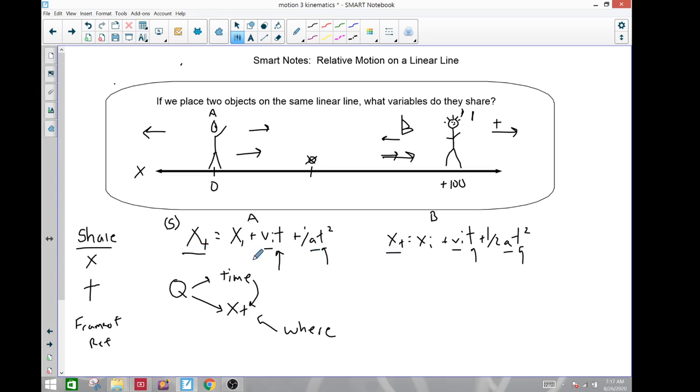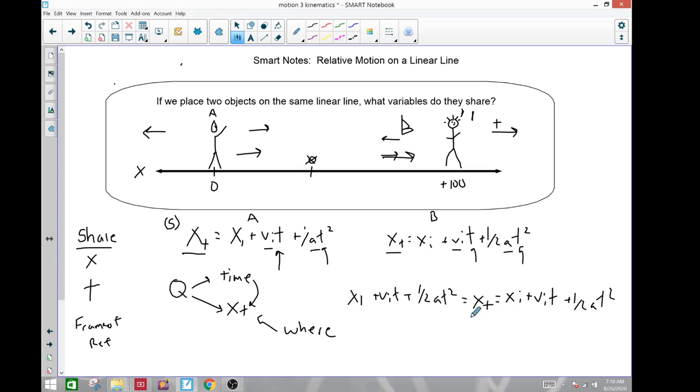So all we do is set these two equations equal to each other: xi plus vit plus 1/2 at squared equals xt, and of course that's the same xt as here, equals xi plus vit plus 1/2 at squared.